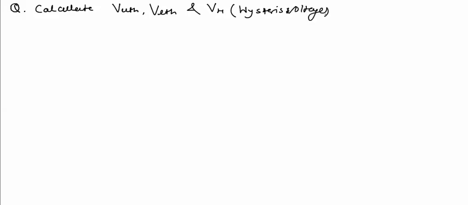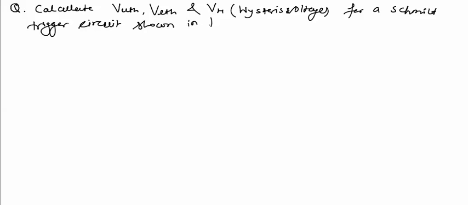Calculate VUTH, that is upper threshold voltage, VLTH, lower threshold voltage, and VH, which is called hysteresis voltage, for a Schmitt trigger circuit shown in the figure. Now this is the circuit given in the problem.